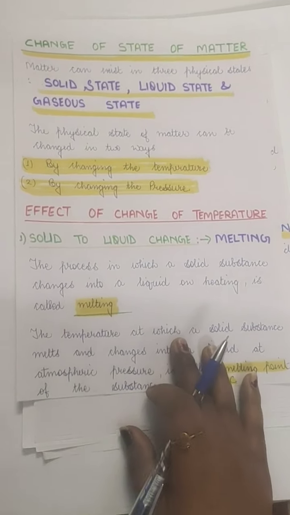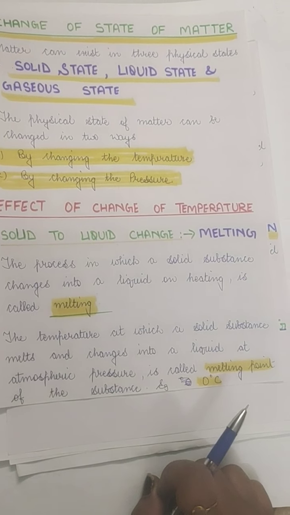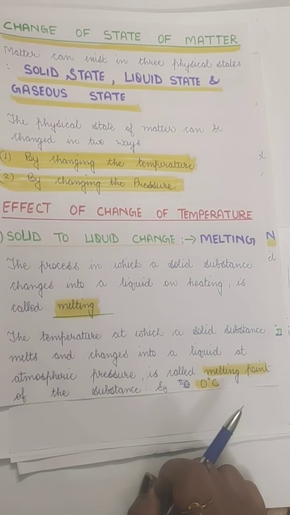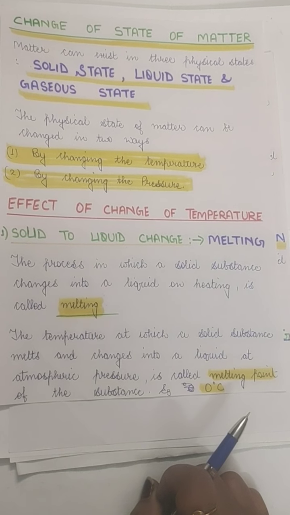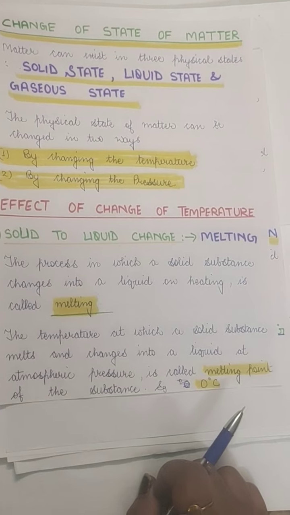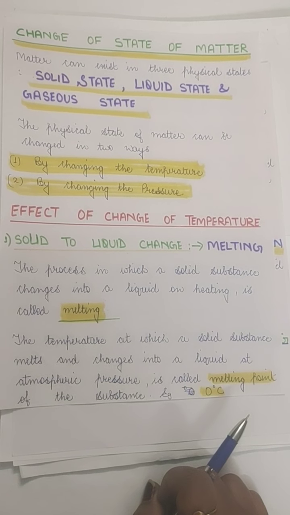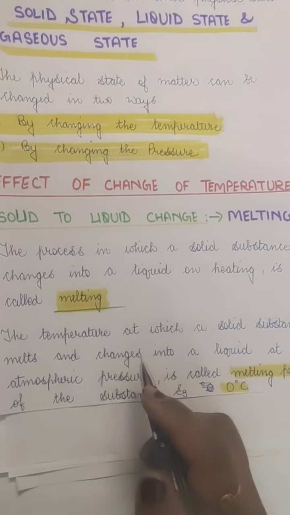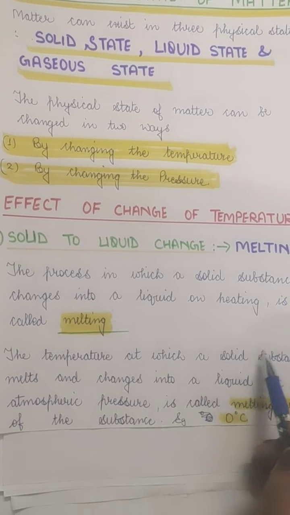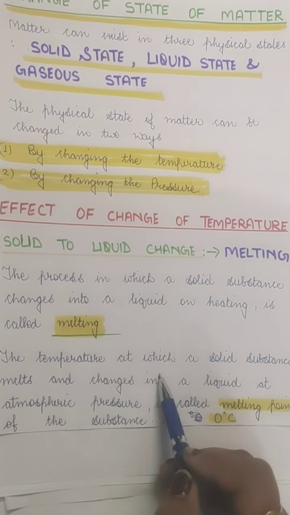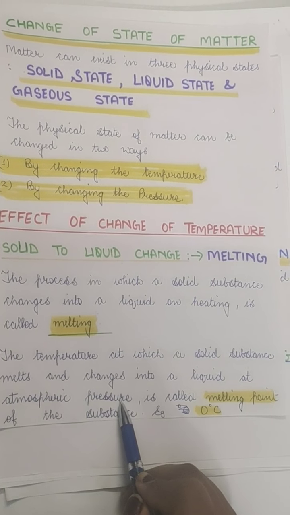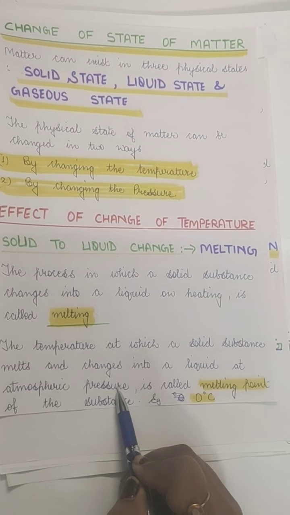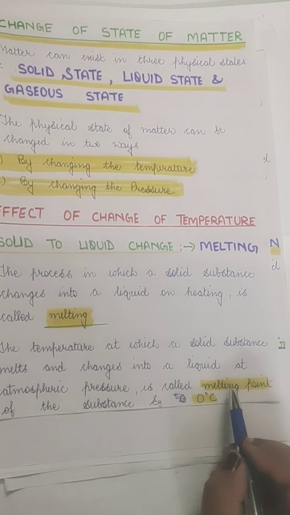We can also take the example of iron. If we heat an iron rod and raise the temperature, it will start melting. So metals also behave as liquid when they are heated. The temperature at which a solid melts and changes into liquid at atmospheric pressure, that temperature at which any solid converts into liquid is called the melting point.